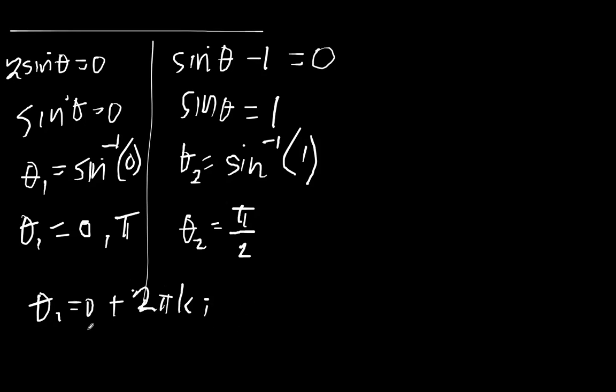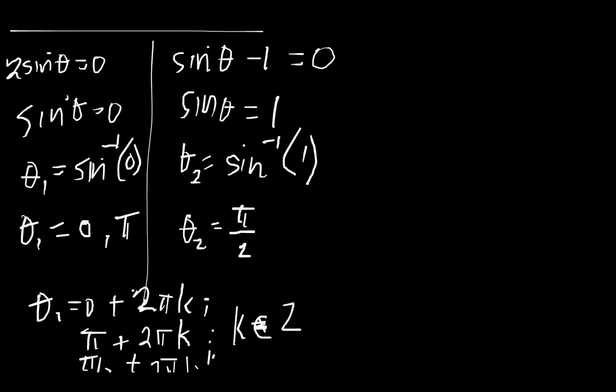Tapos, yung isa naman ay pi plus 2 pi k. Palagi siyang 2 pi k, guys, di ba? And the last one is pi over 2 plus 2 pi k, where k is an element of integers. Okay? For now lang yan.